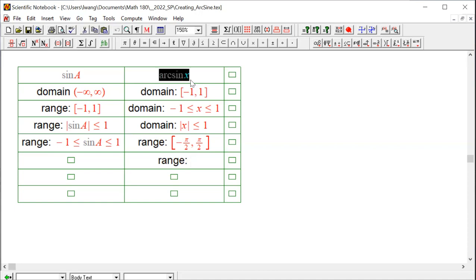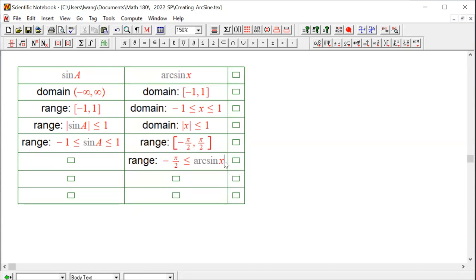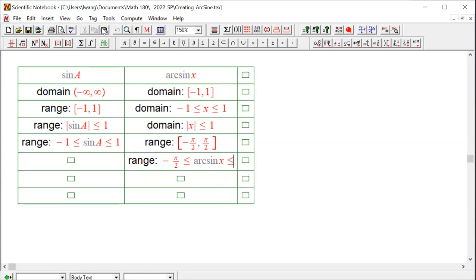The next one is arcsine is going to be between -π/2 less than or equal to +π/2.